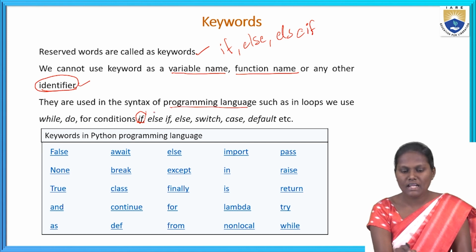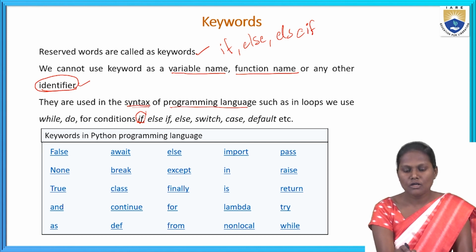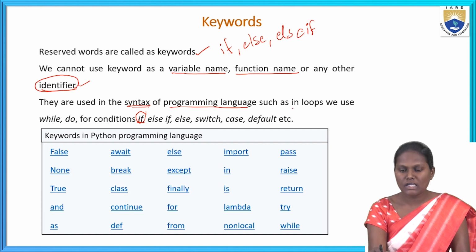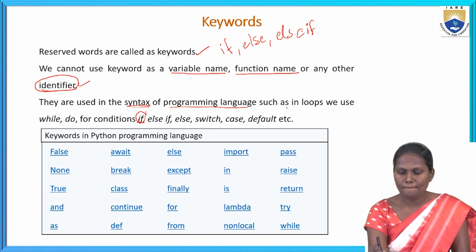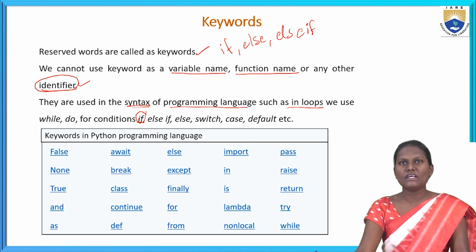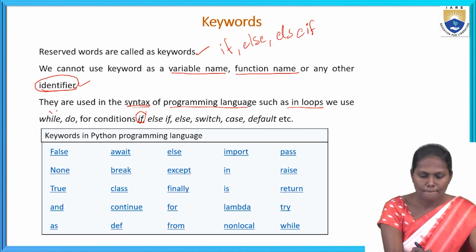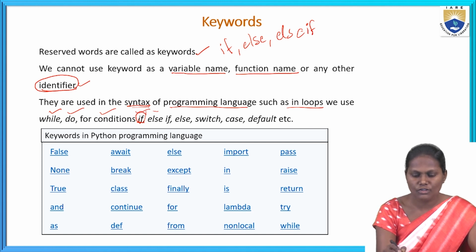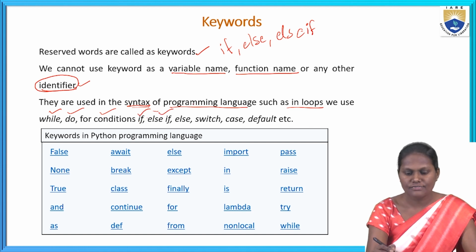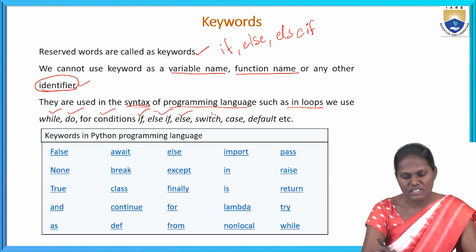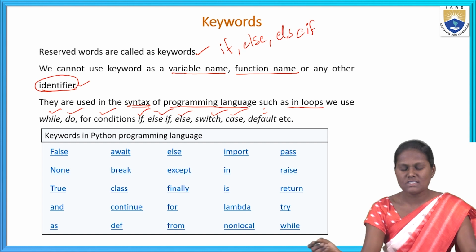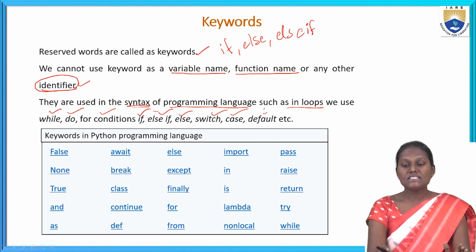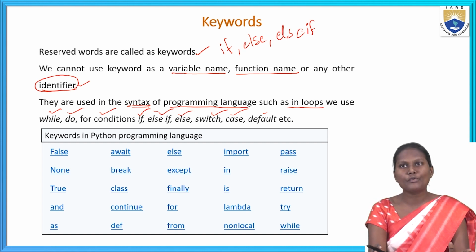In this programming language we have syntaxes, such as loops. In loops what we use: while, do, for condition, if, else, switch case, and default, and some other things. So these are the syntax of programming languages.